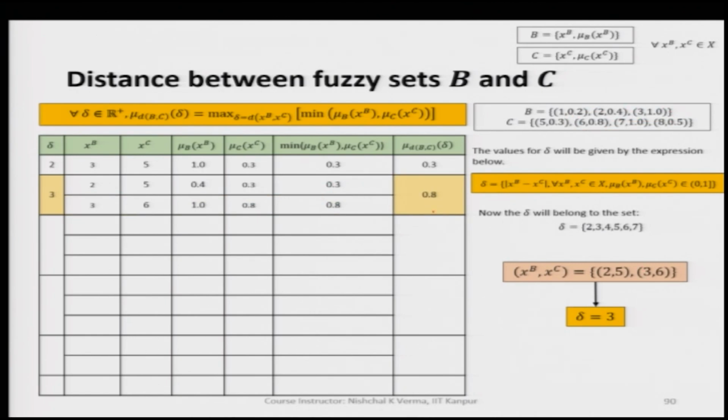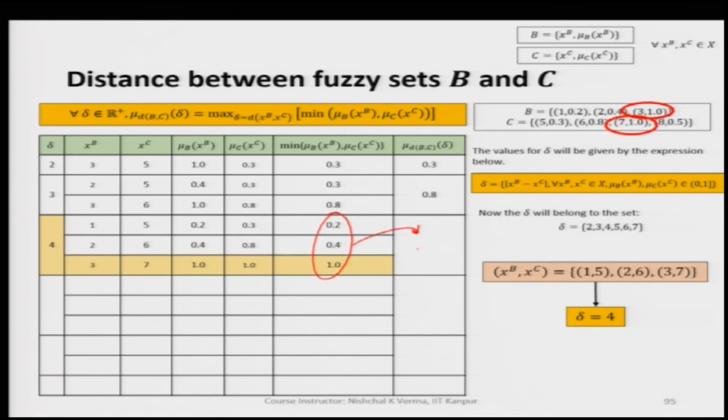Let us now see what we get for delta equal to 4. For delta equal to 4 we get 3 pairs here, first pair, second pair, and third pair. We enter all these 3 pairs in 3 rows, and when we take the max of these min entries, we get 1.0, that is 1.